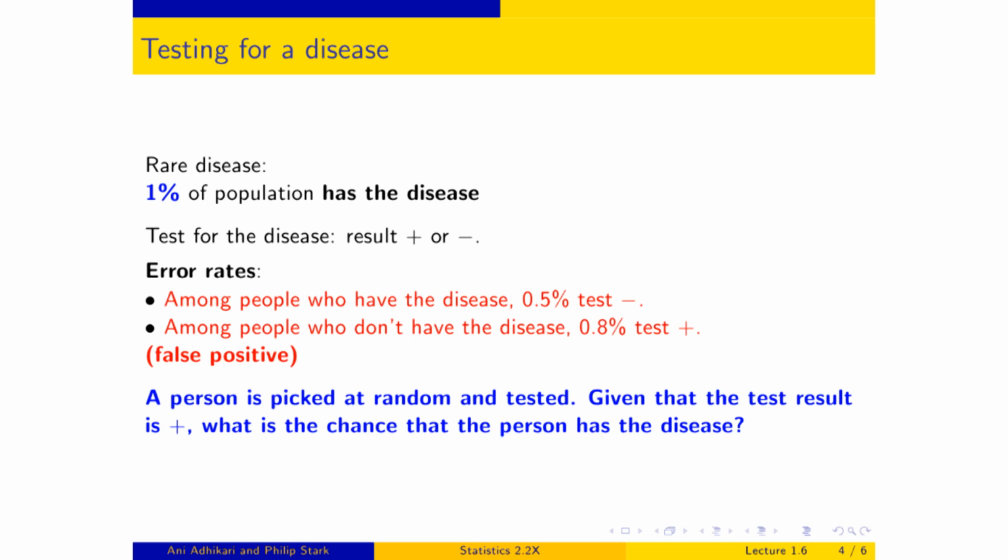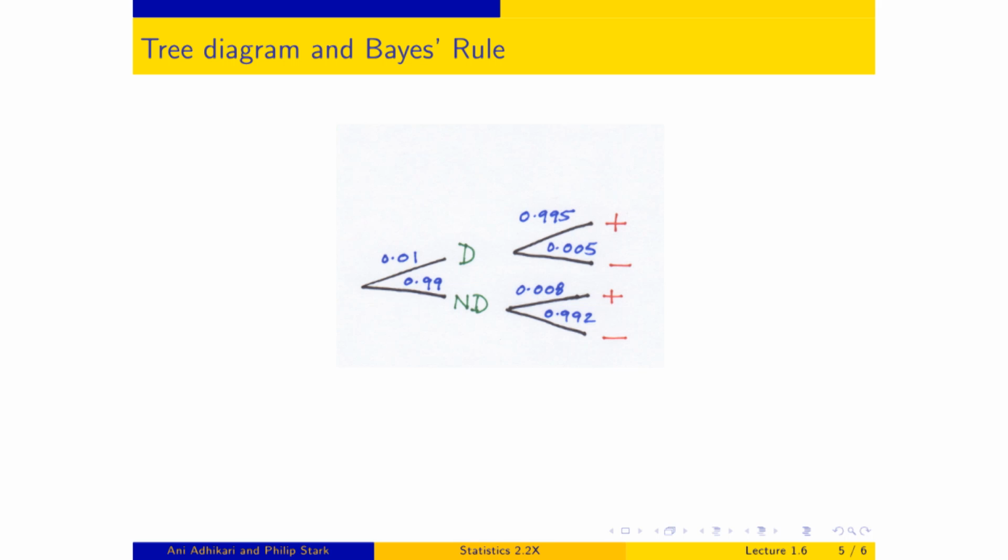So what do we do? Well, this is a two-stage experiment. The person either has the disease or does not. And then they get tested, and the test either gives a plus or a minus. So let's make a diagram. Here are all the numbers in the problem in a little schematic. So there's disease or not disease: 1%, 99%.